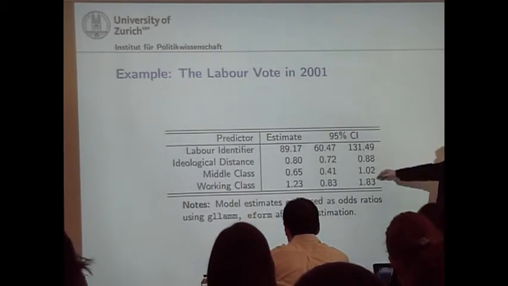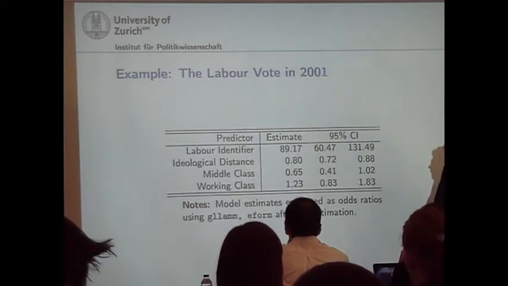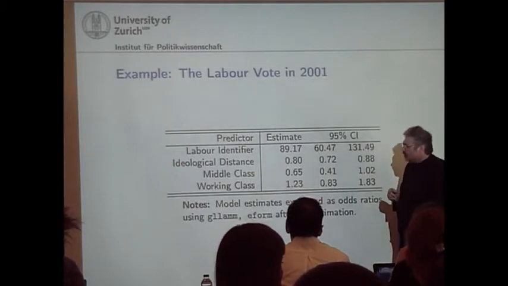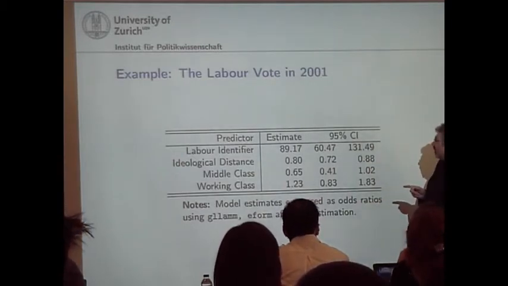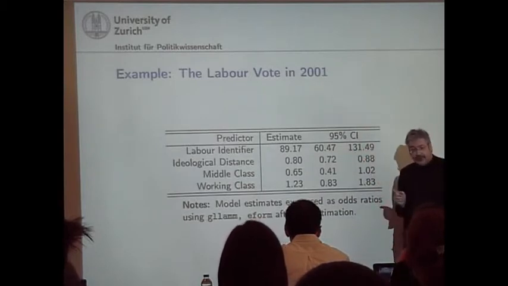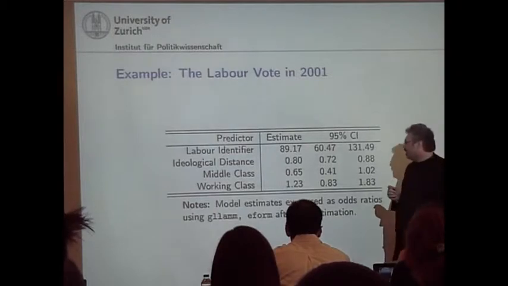That's what I've depicted here. You see that some of these confidence intervals tend to be fairly large. For the Labor identifier, the effect is always enormous in terms of factor change.